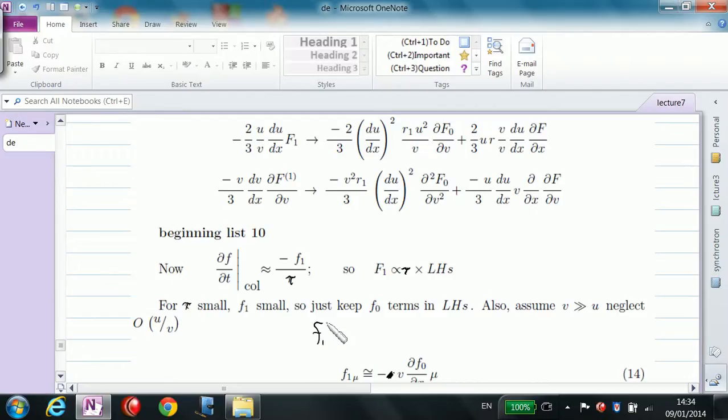F1, if I would have used equation 9 and kept terms proportional to mu.